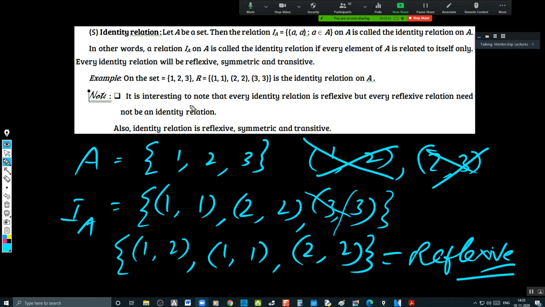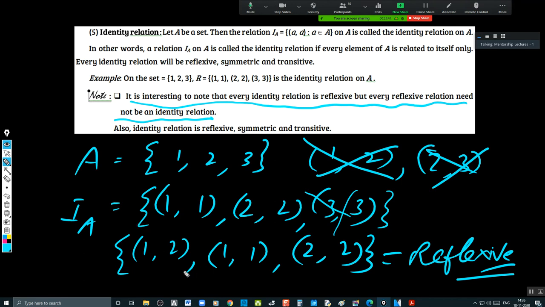It is interesting to note that every identity relation is reflexive, but every reflexive relation need not be an identity relation. With this statement, you can understand that. Do you understand what I'm saying? Every identity becomes reflexive, but every reflexive need not be identity.